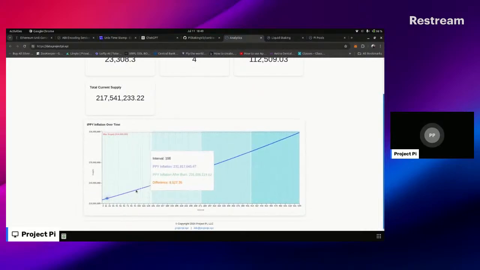And then another thing too is this: after you have the PPY inflation, and then you have the PPY inflation after the burn, you should be able to see how much was burned. You'll see the difference in orange as each interval passes, how much is actually going to be burned. I don't have the numbers on me, but I have it on my iPad.